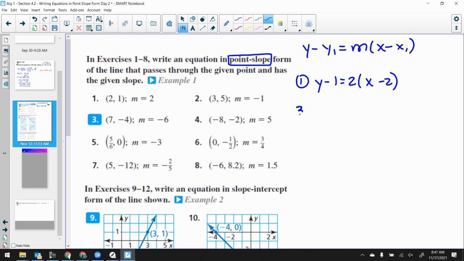Let's do 3. Y minus a negative 4. Now, if I write minus a negative 4, what am I really going to write? Plus 4. Y plus 4 is equal to m, which is negative 6, x minus 7.